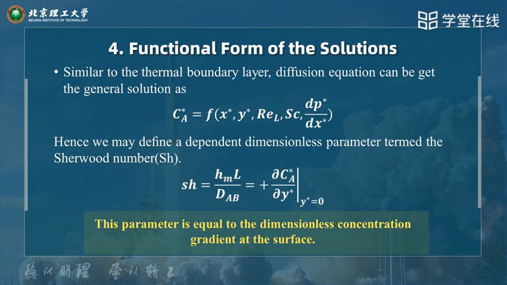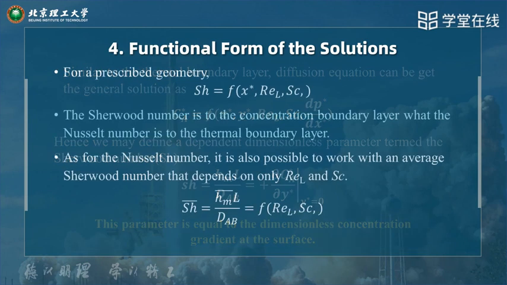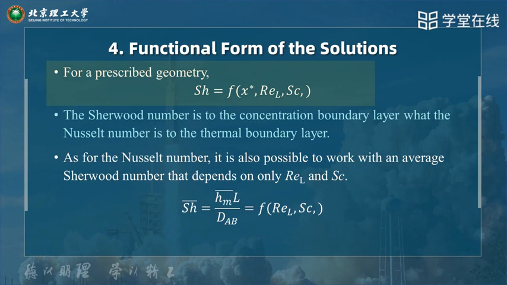This parameter is equal to the dimensionless concentration gradient at the surface. For a given geometry, the Sherwood number equals a function of x star, Reynolds number, and Schmidt number. So the Sherwood number is to the concentration boundary layer what the Nusselt number is to the thermal boundary layer.